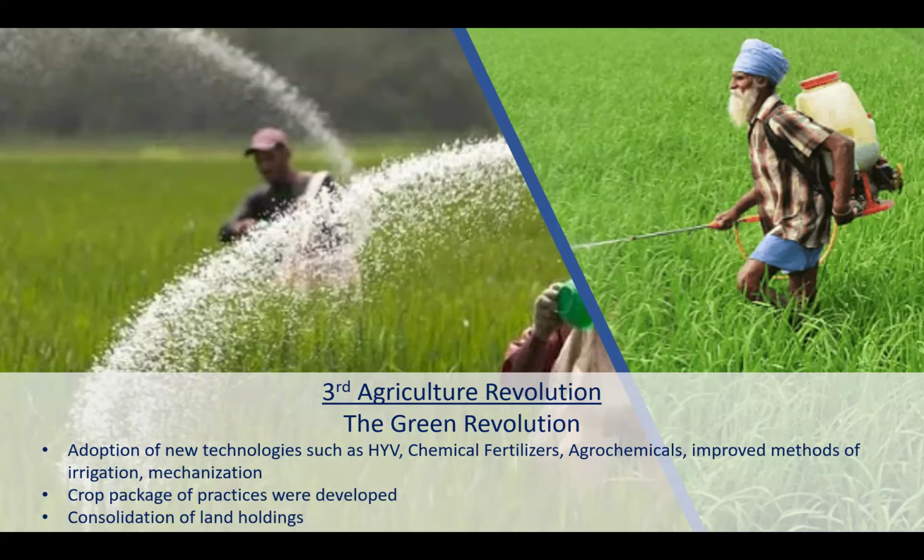The crop package of practices was designed in such a way because of how a variety will perform when it has to be sown, after how many days the application of fertilizer has to be done, when it has to go for agriculture operations, and then the harvesting cycle. So everything was completely packaged, and we still follow those things.